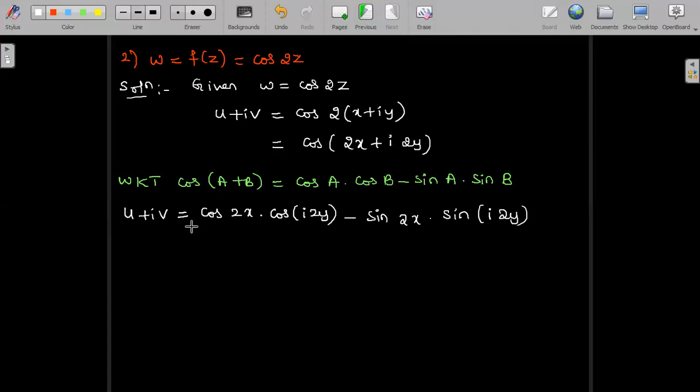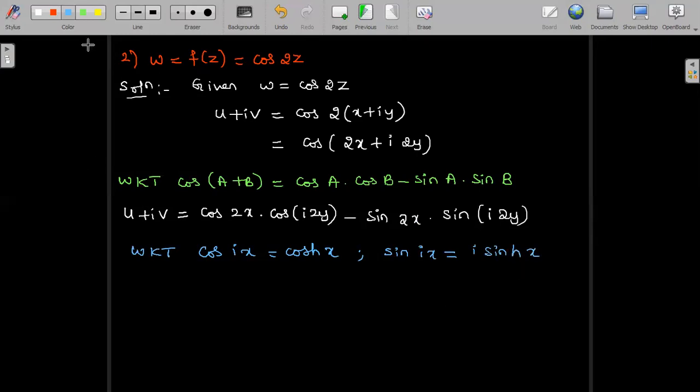Now we will again recall the expressions: cos ix can be written as cos hyperbolic x, and similarly sin ix can be written as i into sin hyperbolic x. Just a recall from the theory, we have learned it already.